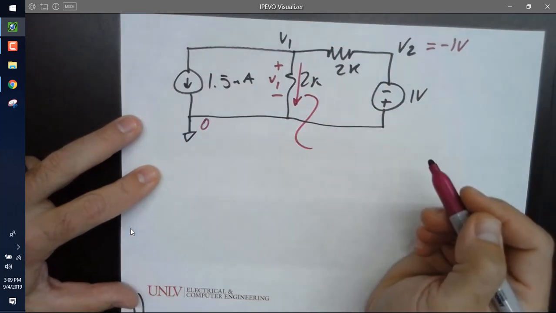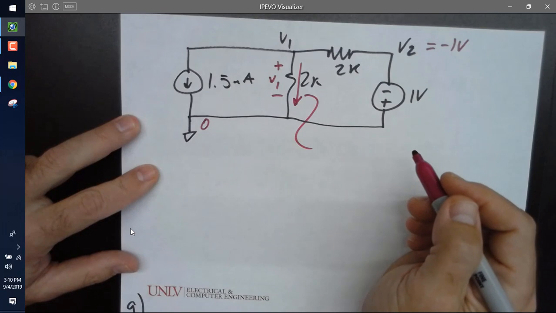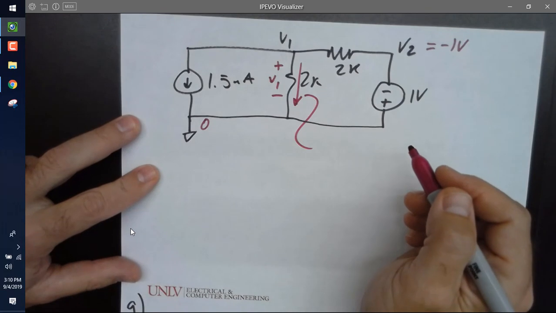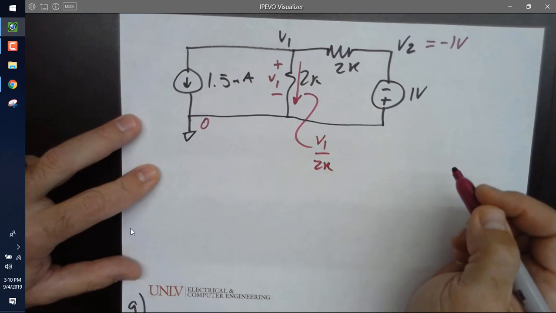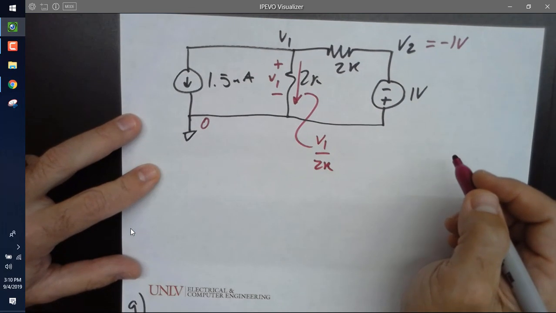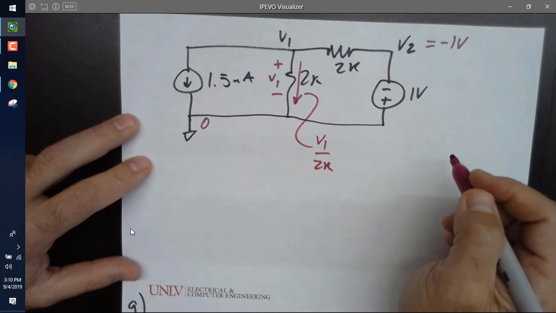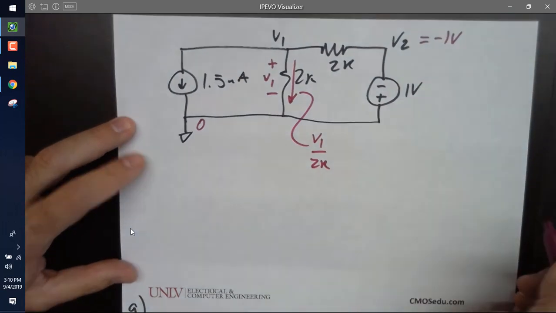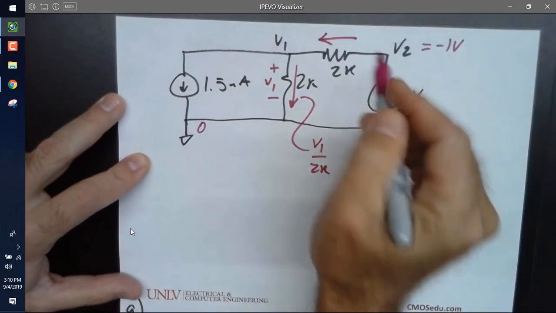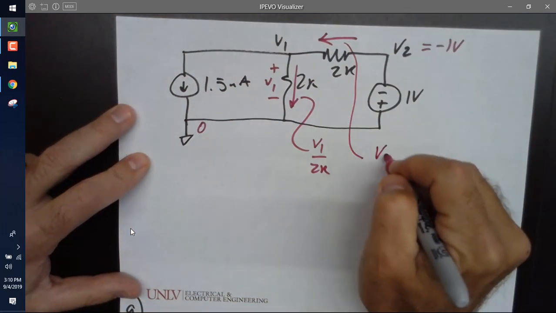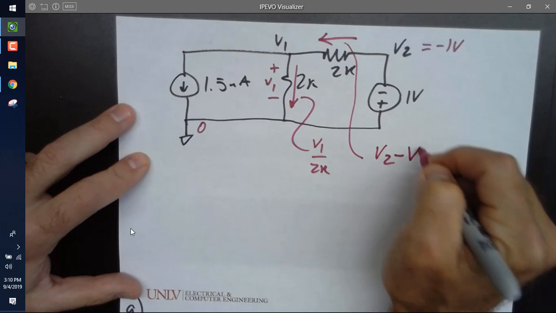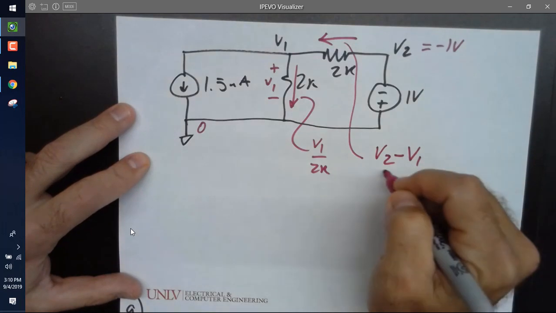Then I could label this current here as what? Let's see if we can skip a step. What is that current? V1 over 2K. Now what? Doing the same exact thing I just did. Yep, I can go that and say this current is what? V2 minus V1 over 2K.